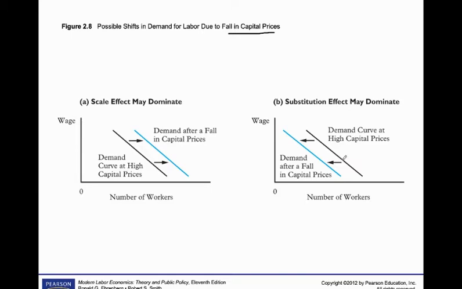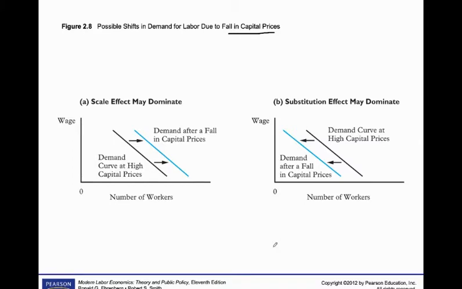As a consequence, the firm's demand for labor is declining, and that is shown by the shift to the left of this labor demand curve. So this diagram is related to point 3 in our earlier discussion.